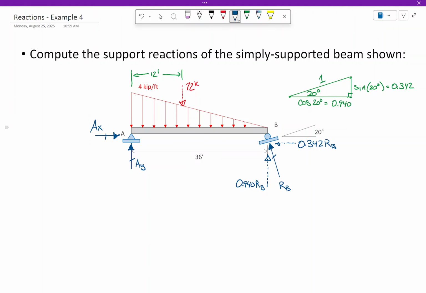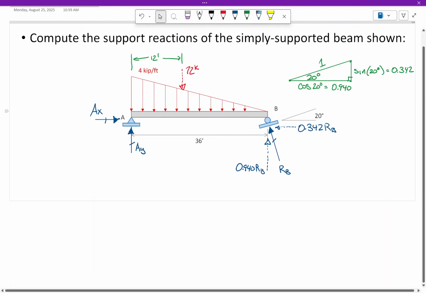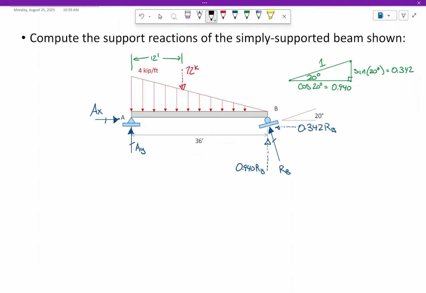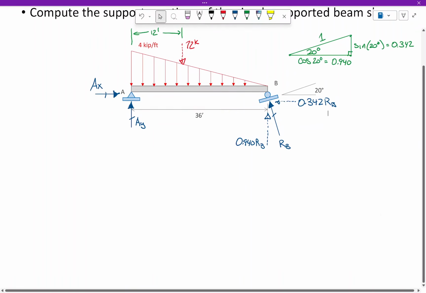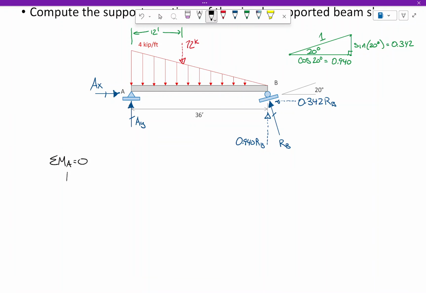Okay, so let's see what happens here. Now, my suggestion is going to be to sum moments. In this case, I'm going to sum moments today. So now let's take this one step at a time.